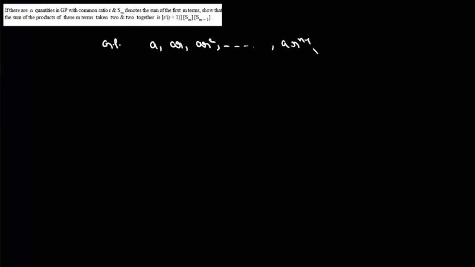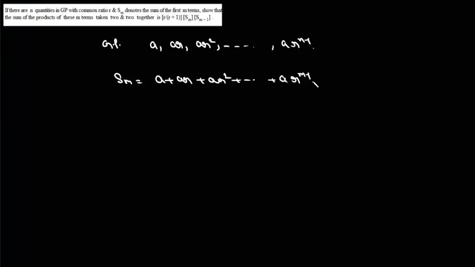Now it says if there are n quantities in GP with common ratio r, so we have this GP, suppose a, ar, ar square and ar to the power n minus 1. And if Sm denotes the sum of first m terms, so this Sm is a plus ar plus ar square up to ar to the power m minus 1. Then it says show that the sum of product of these m terms taken 2 at a time is this value.